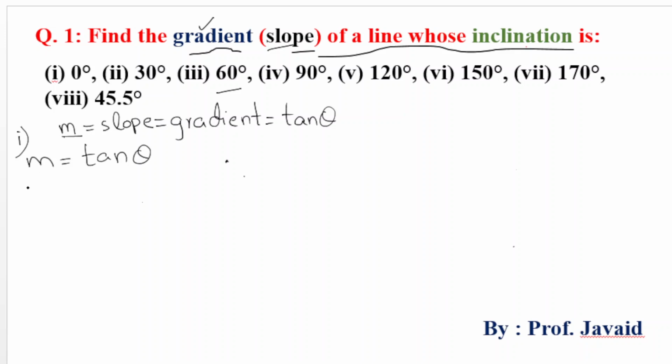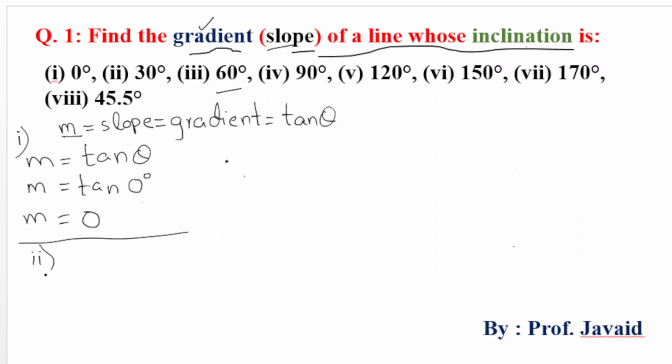So m is equal to tan 0. With the help of calculator, which is allowed in your exam, no problem is there. For 0 you can solve with the calculator, the slope will be 0, tan 0 is 0. So that is the first question, no problem will be there.